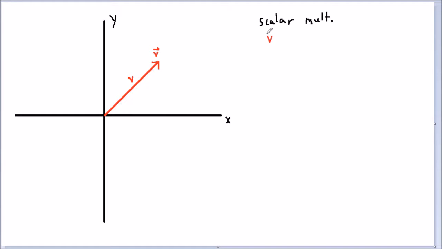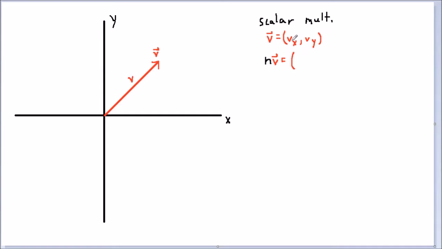And so we're going to assume that we've already resolved this vector into its 2 components. So I'm going to say that this v equals the ordered pair of v sub x comma v sub y. And now what we can do is multiply this vector v by some scalar, which I'll call n. So if we have some scalar quantity that's just a number, we can multiply it by this vector v, and the result is going to be another vector.